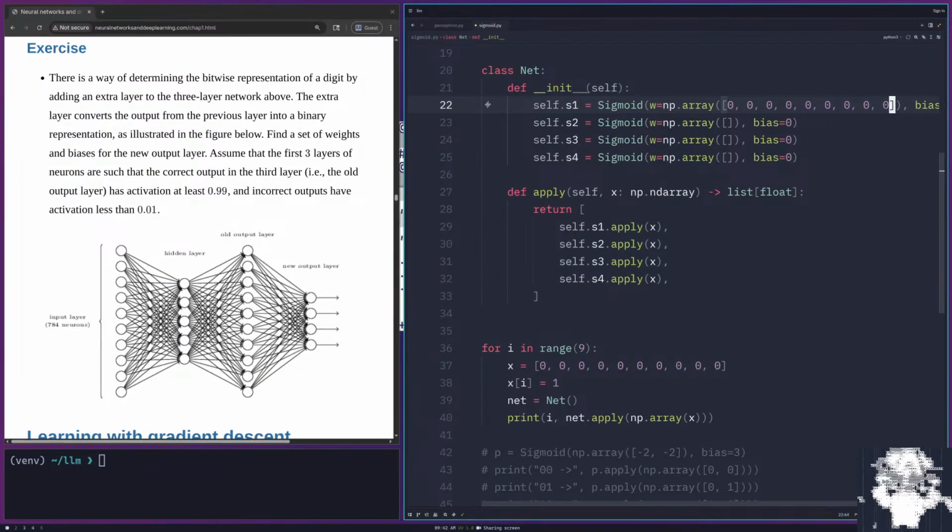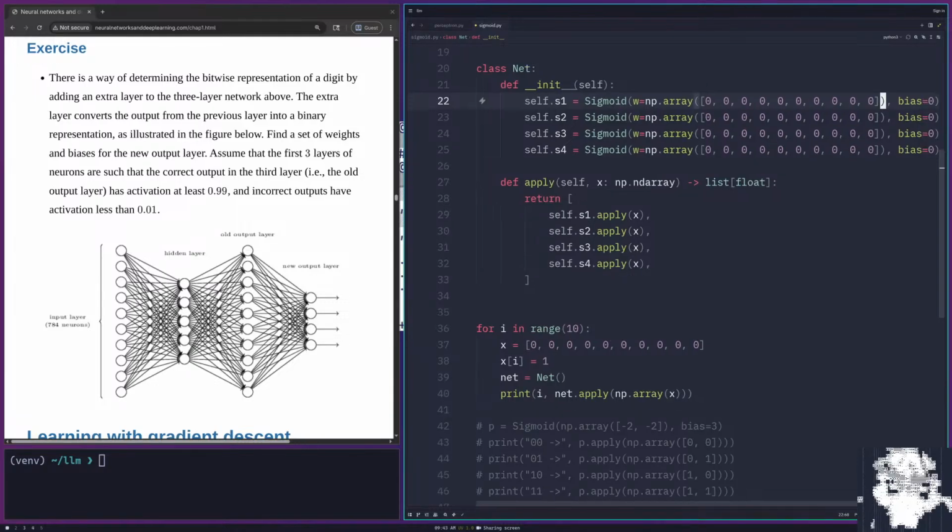I actually need them to be 10 things long. So this needs to be 10.